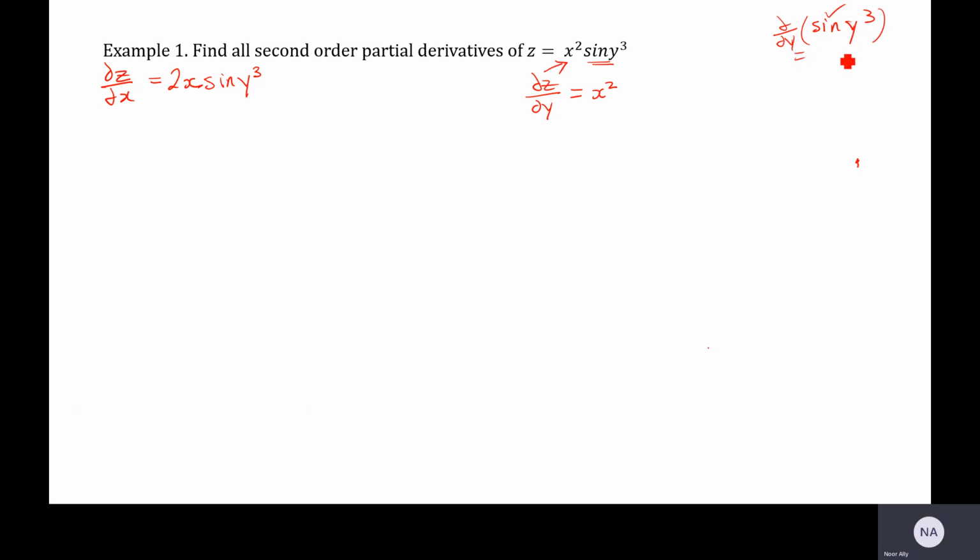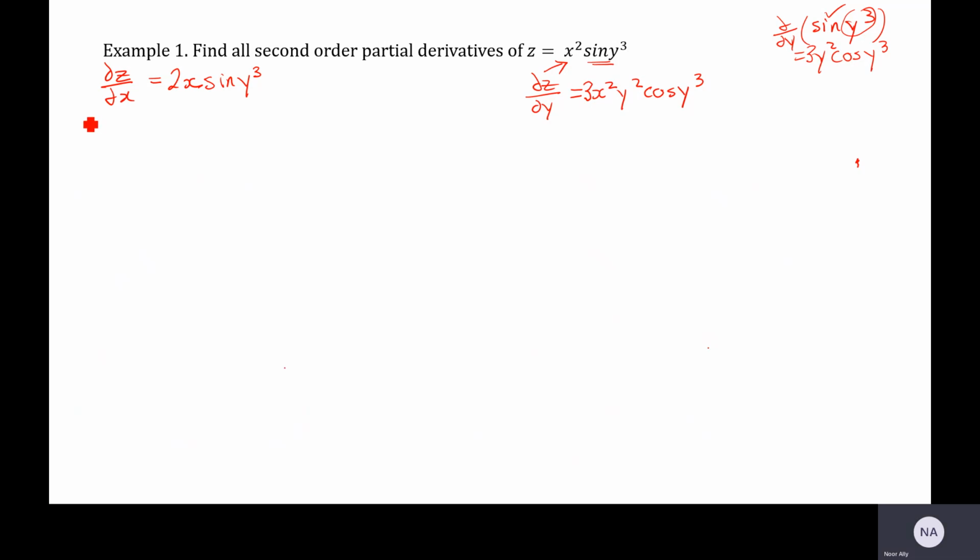First the sine, that gives me cos of y cubed, then the y cubed, 3y squared. So that answer will be x squared, can I just put the 3 here one time? 3x squared y squared cos of y cubed. So that's your first order partial derivatives.